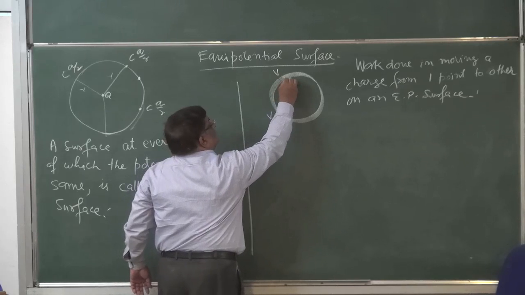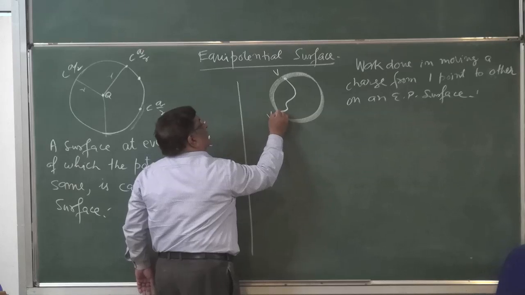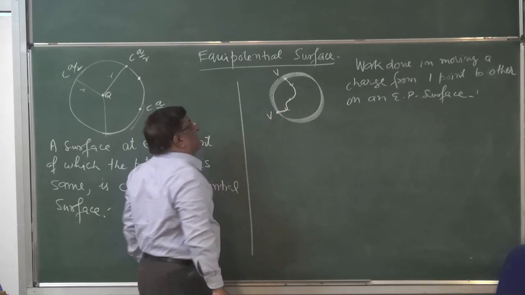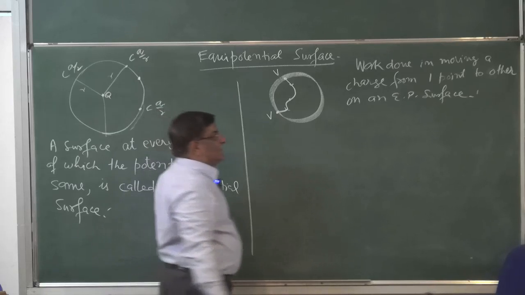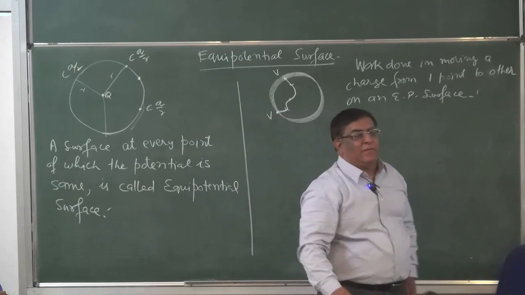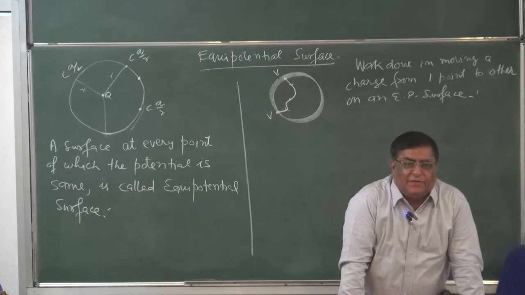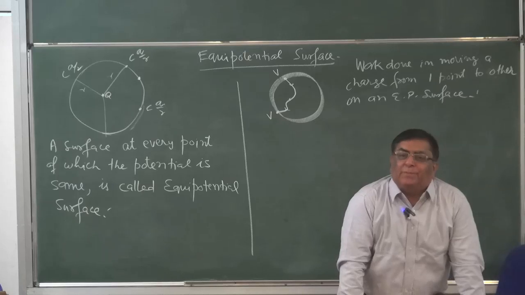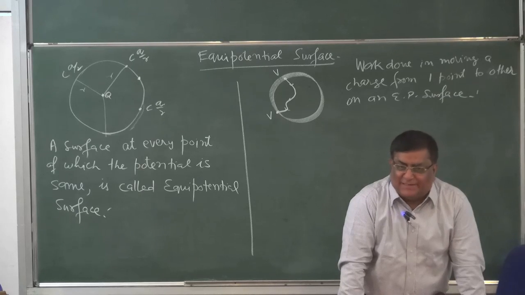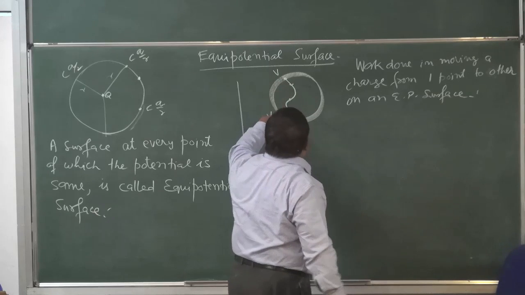Suppose here is the charge, we put it here and we bring it here. How much work has been done? The answer is, it is work in an electric field. The electric field is a conservative field, a conservative force, so the path does not matter.